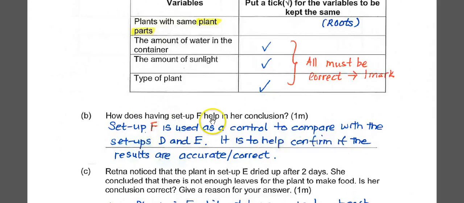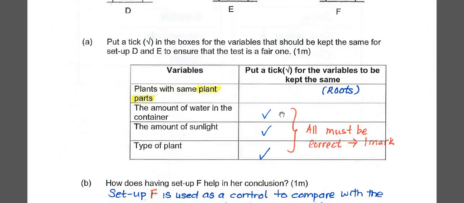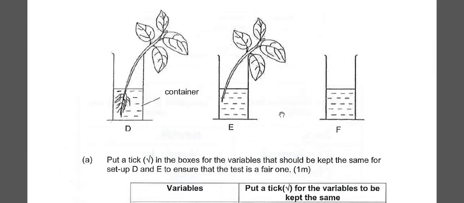How does having setup F help her in her conclusion? Let's see. It means by just having these two, will it be enough? Why must she have this F over here without the plant? Now over here is very simple. All they need in the experiment is like this, right? They'll make sure that the plant with the roots, this water level will go down because the plant absorbs water.